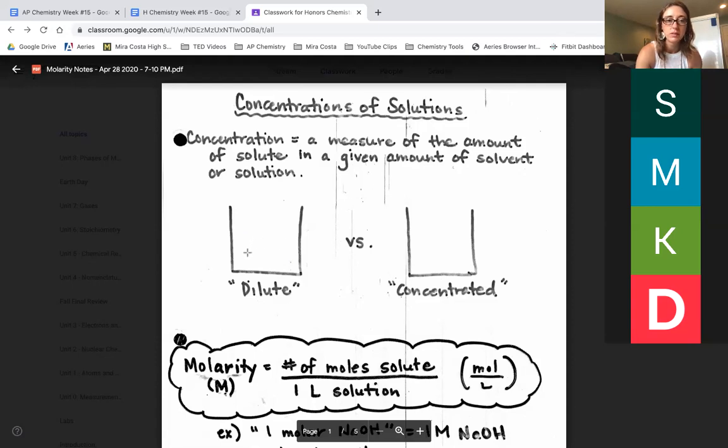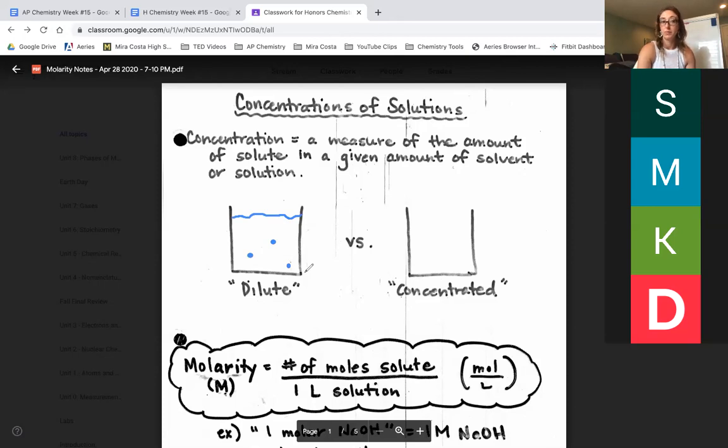Here we go. So if I have dilute, I would have just a few little bits of solute in my solution. There's my solvent, just a little bit of solute.